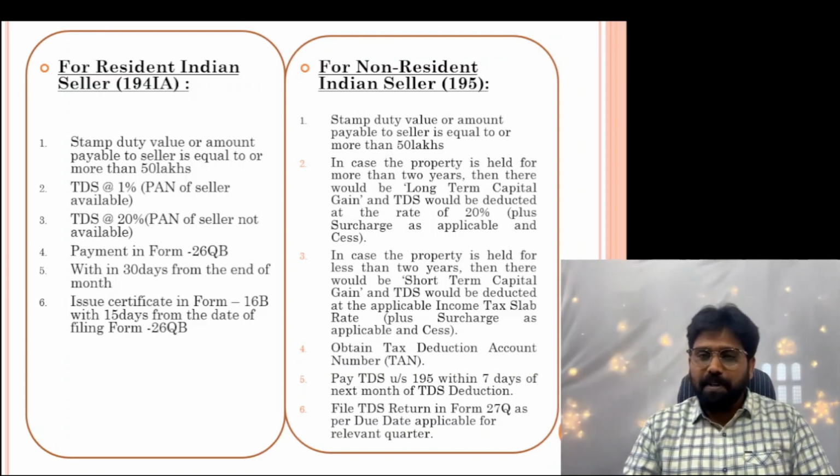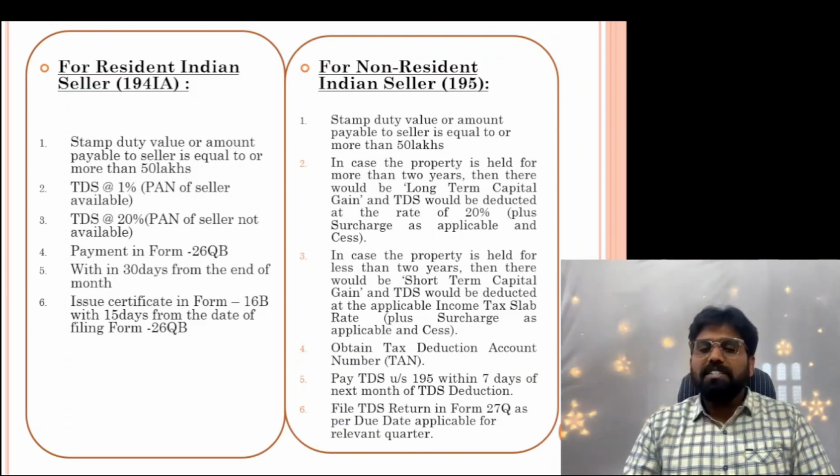For example, if the property is registered on 16th June, then the quarter in which the registration is done is the first quarter, that is April, May and June. For this quarter, the due date for filing the ETDS return is 31st July. So, the buyer has to file ETDS return by 31st July and issue a certificate to the seller.